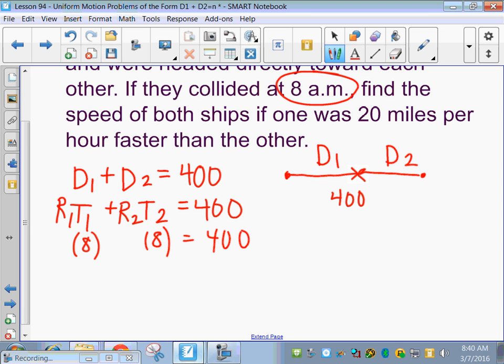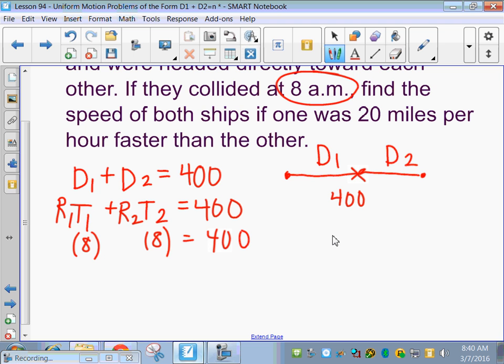Then we need to write a side equation for the rates. So off to the side it says find the speed of both ships if one was 20 miles per hour faster than the other. It doesn't specify which is which, right? So we can write this equation 2 different ways, and you're going to get the problem right either way because it doesn't specify. So anyone have an idea how we could write that equation?